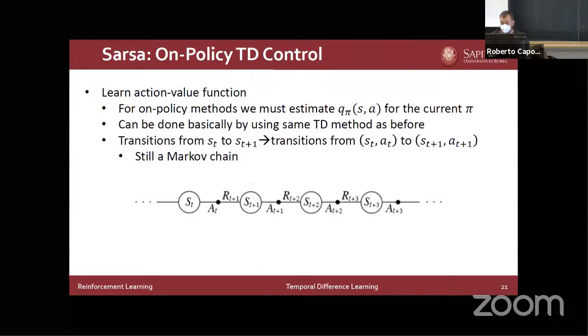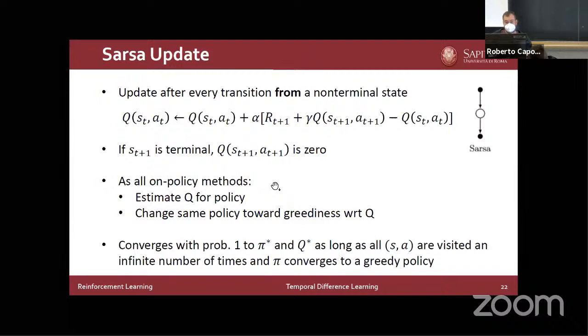This is a key thing to understand: these actions come from the policy. So the update rule after every transition from a non-terminal state becomes: Q(S_t, A_t) gets the previous estimate plus alpha times reward plus gamma Q(S_t+1, A_t+1), as we get it from the policy, minus Q(S_t, A_t), as we get A_t from the policy.